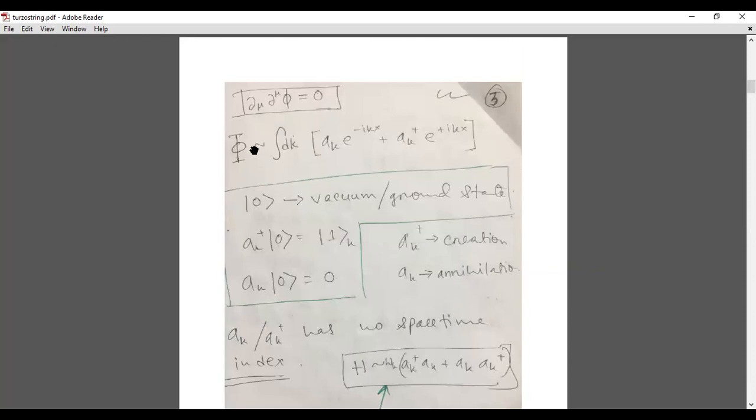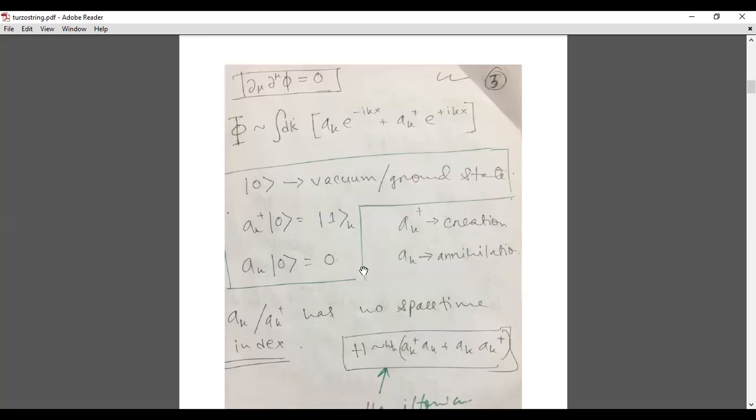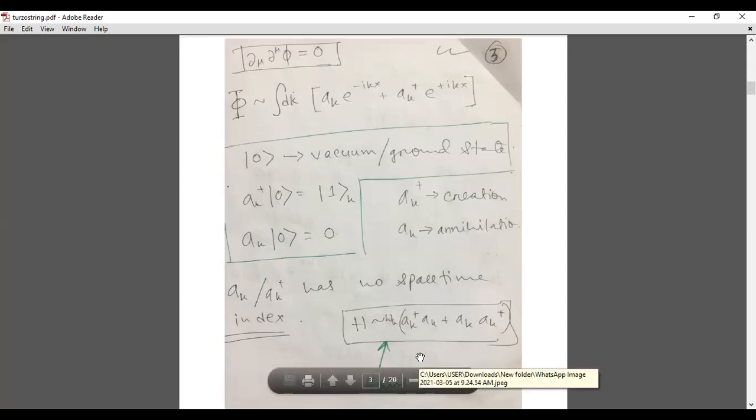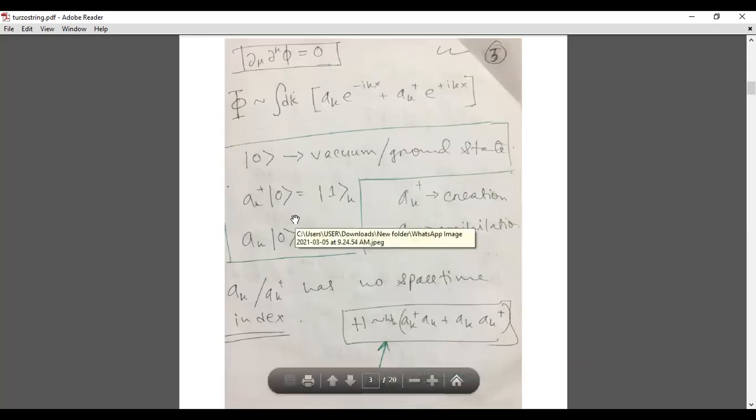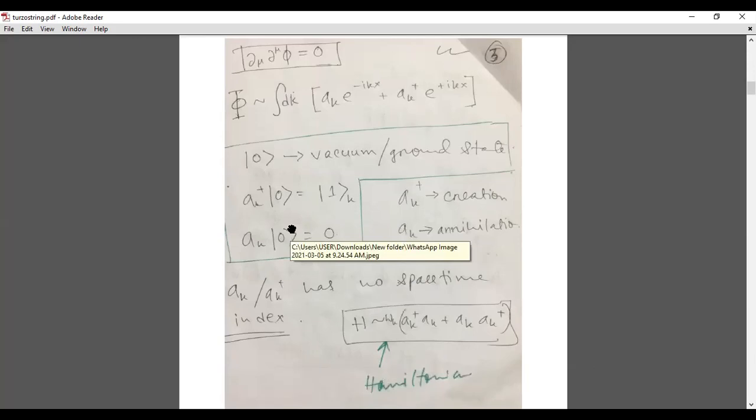Just like, for example, the Klein-Gordon equation, you can always decompose your field in this way, and you have a ground state, and your creation and annihilation operators don't have any space-time index, and usually your Hamiltonian is written in this way. So in quantum field theory you have a vacuum, and you can almost generate all the Hilbert space from the vacuum, just by acting with creation operators and so on, right?